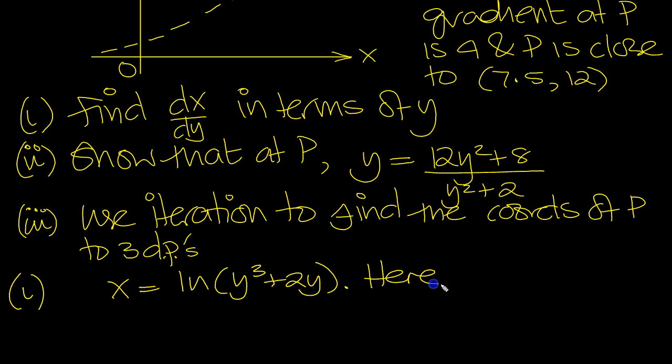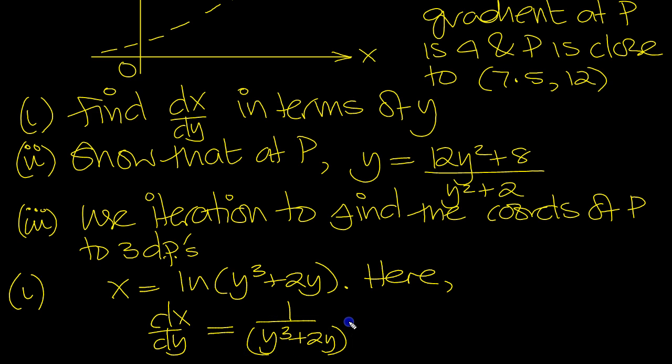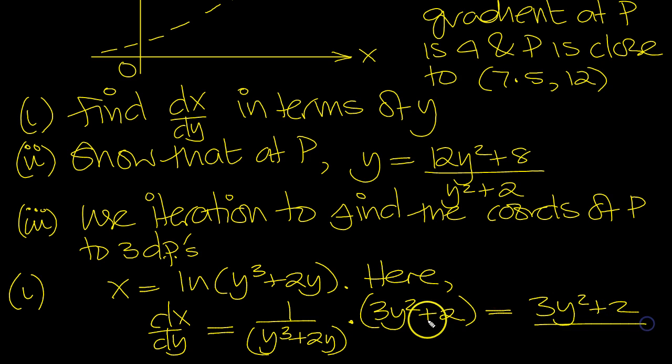So here, dx/dy then, differentiate with respect to y. dx/dy on the left is equal to ln of something goes to 1 over something, multiplied by the something differentiated, which is 3y squared plus 2. Because we're simply differentiating with respect to the symbol y, so it's identical as if we were differentiating with respect to x, isn't it, if it were a function with the x symbols in.